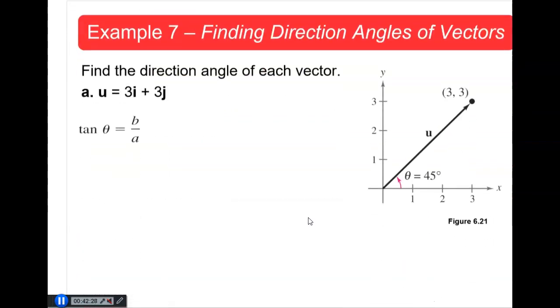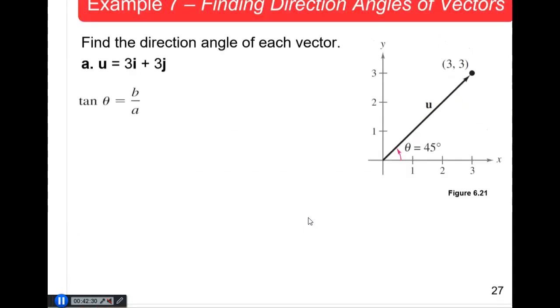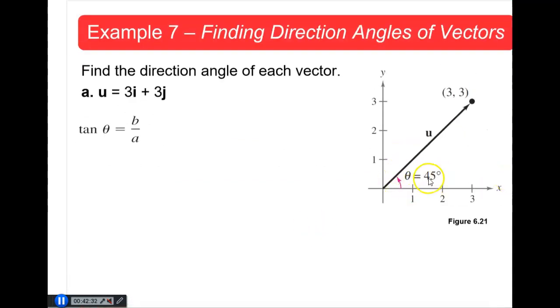So we're going to find the direction angle, and I know the answer is there, but we're going to pretend like it's not. And we have this vector, it's pretty easy, just 3i plus 3j. And remember, that's just a form to write it with the unit vectors, but another way to write it will be like this, 3, 3.